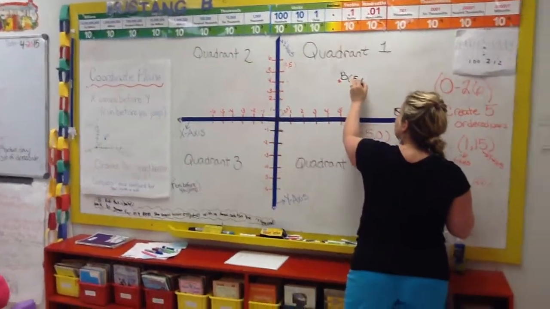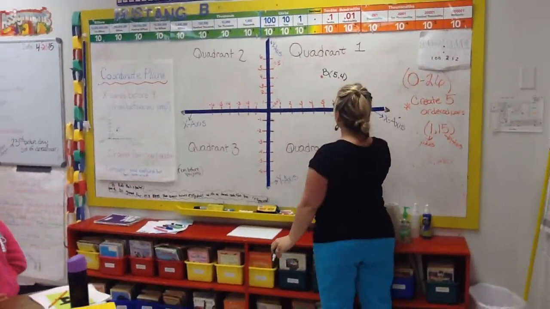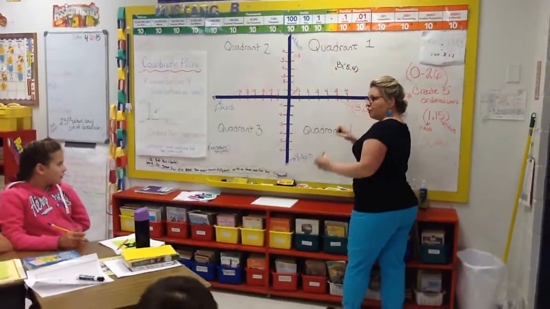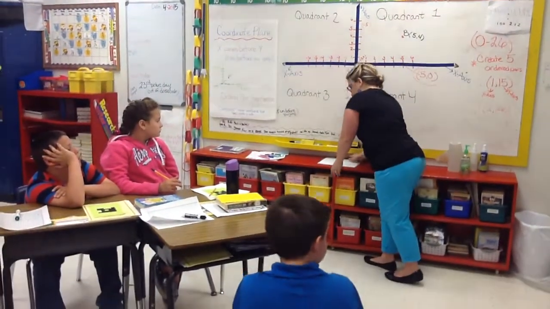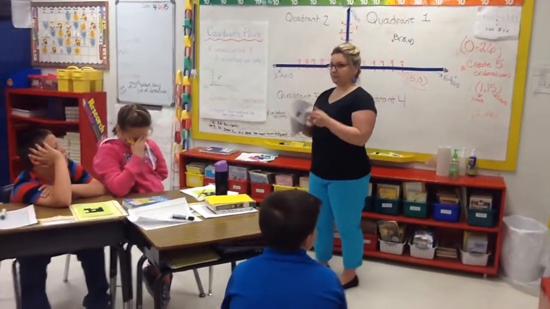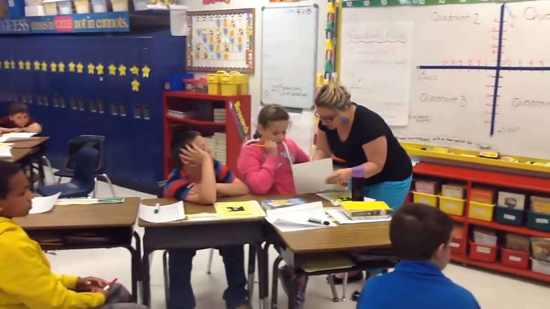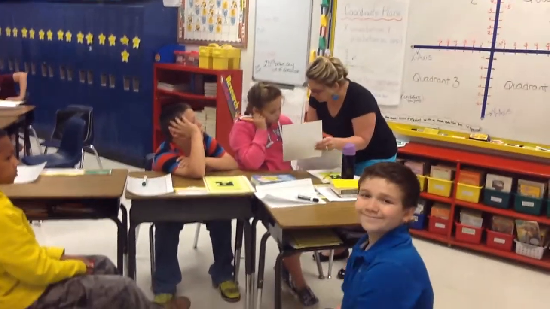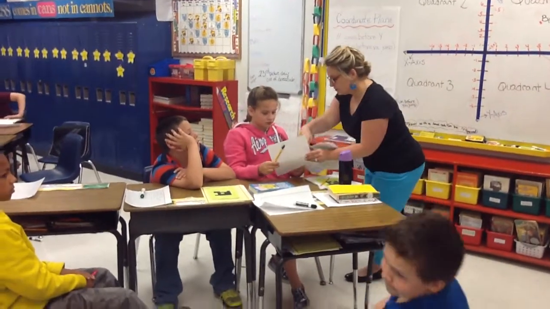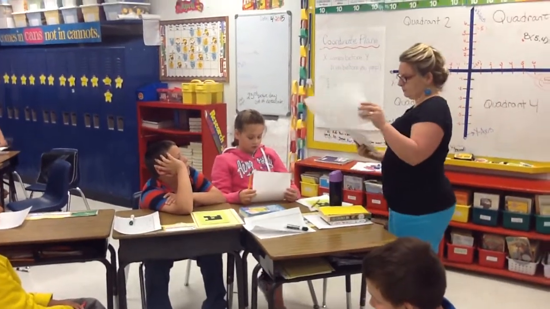So if B was on my paper, I would know the ordered pair is 5, 4. Who has questions? Those are the points that you're located.